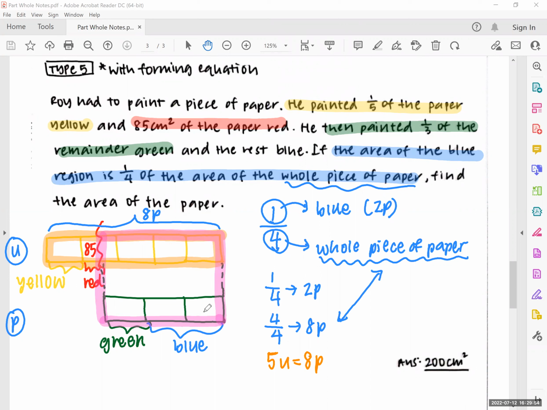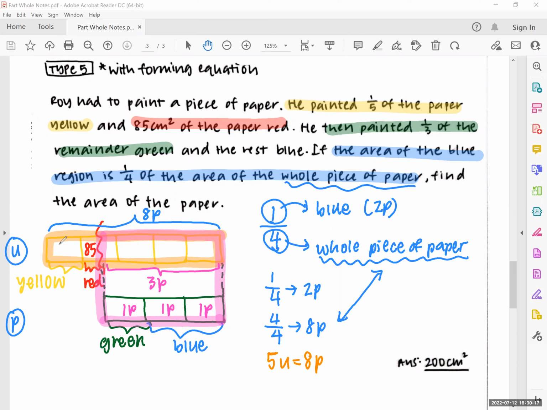So what about this pink zone? It's very confusing, because this pink zone, can you see that this is actually 3 parts, right? Agree? 3 parts. Because from my model, I know that this is 1 part, 1 part, 1 part. So this whole thing is 3 parts. And my yellow is actually 1 unit.